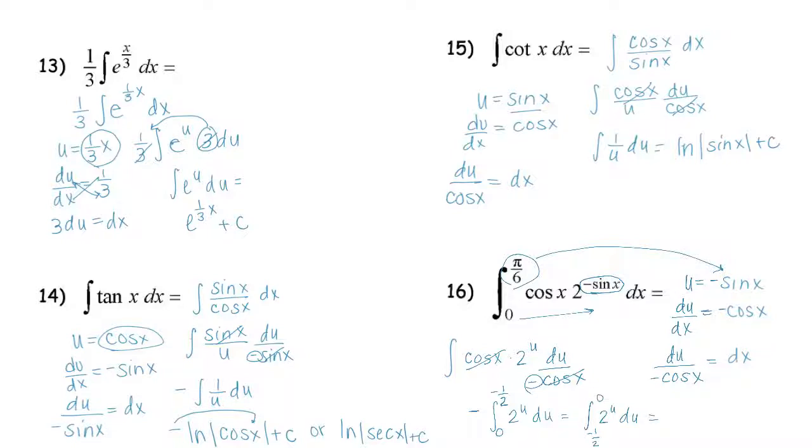So 2 to the u, if I integrate that, it's going to be still 2 raised to the u power over the natural log of 2. It's just a formula, and we will be evaluating that from negative 1/2 to 0. And so for that, we're just plugging in our values for u. And so really we can think of this as 2 raised to the 0, which is 1.